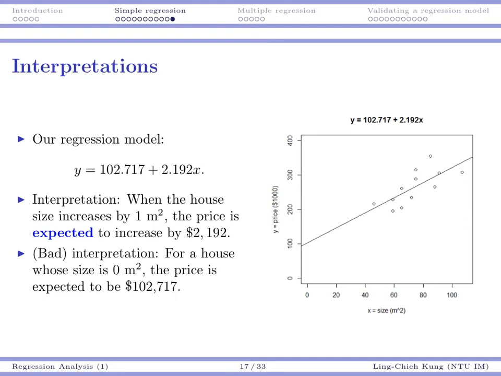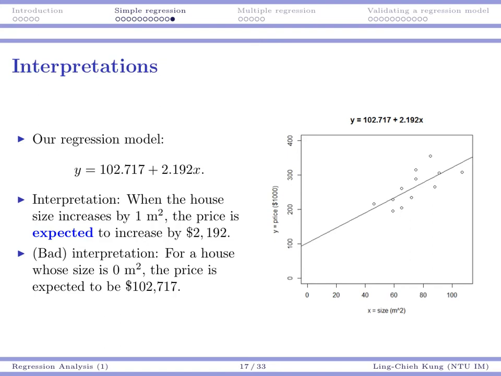When the house size increases by 1 unit, we now can say by how much we expect the price to go up. Now we really have a quantitative description about how x affects y.